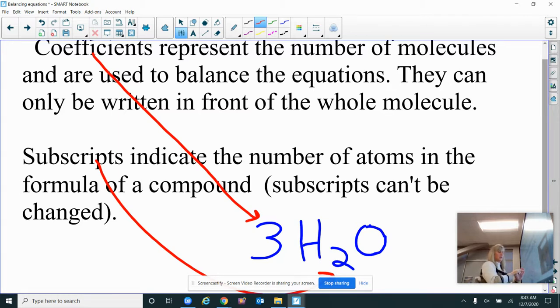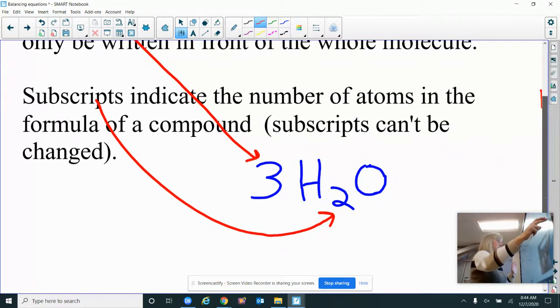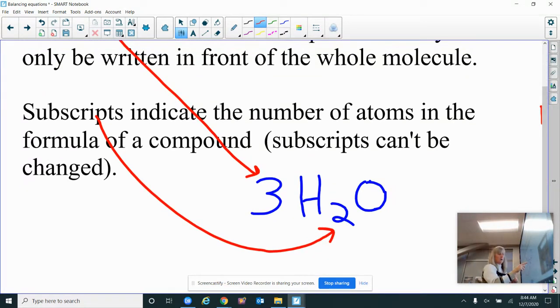Okay, so coefficients can only go in the front, and then subscripts are the small ones within a formula telling how many atoms there are in that formula. Okay, and those cannot be changed. Once the formula is made, you can't change that just because you need more hydrogen or oxygen or whatever. Okay, so subscripts can't be changed. Coefficients have to go in the front. You can't put a coefficient in the middle of a compound just because you need more of something.